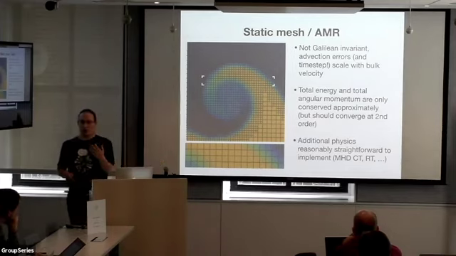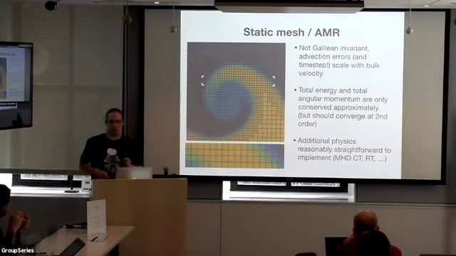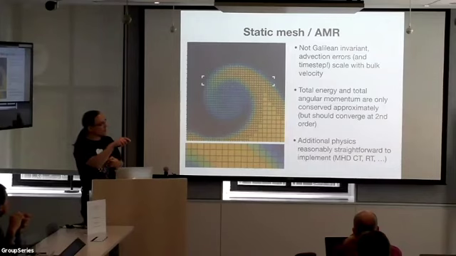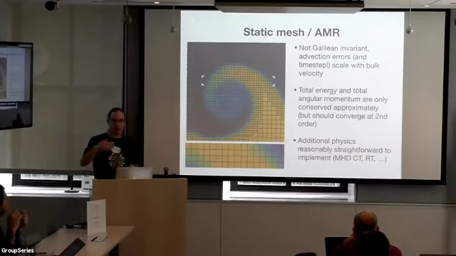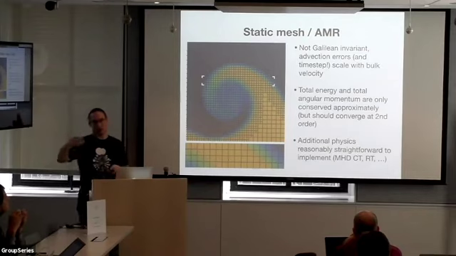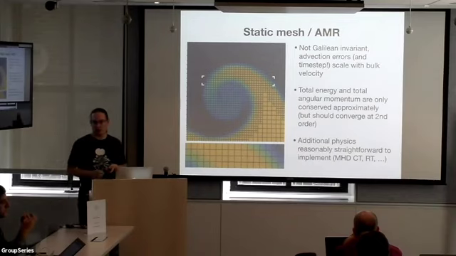Now, in the Lagrangian code, where the resolution element moves with the flow, it's just the sound speed. So your time step that you get here, if you have a significantly supersonic or sonic flow, can actually be significantly smaller than if you had a Lagrangian.